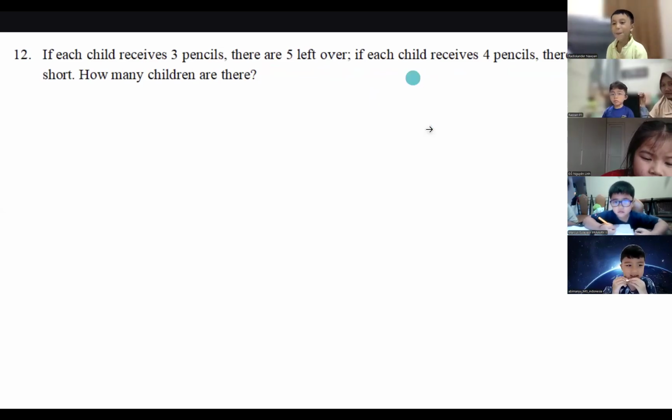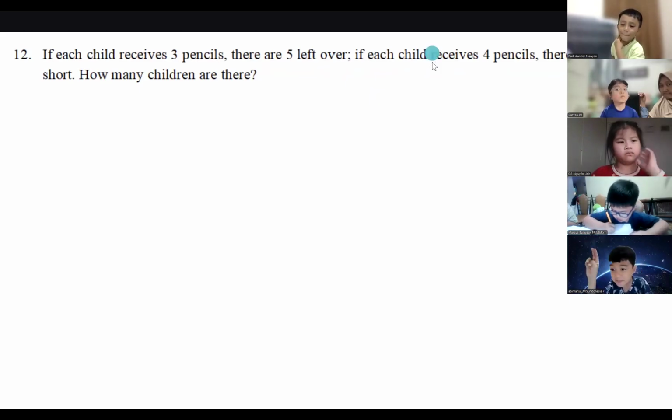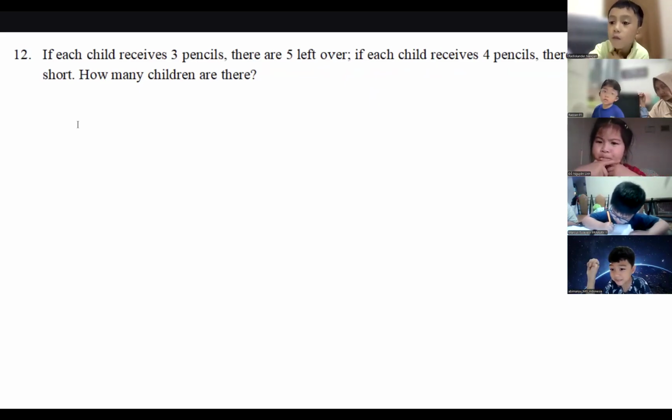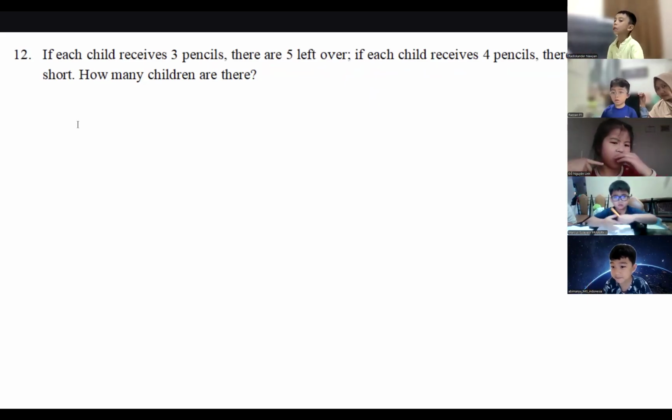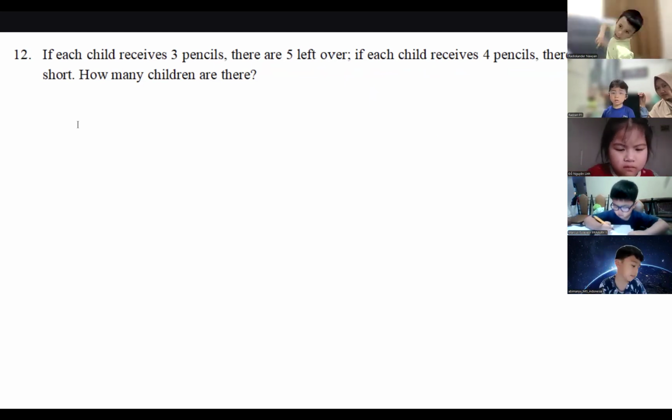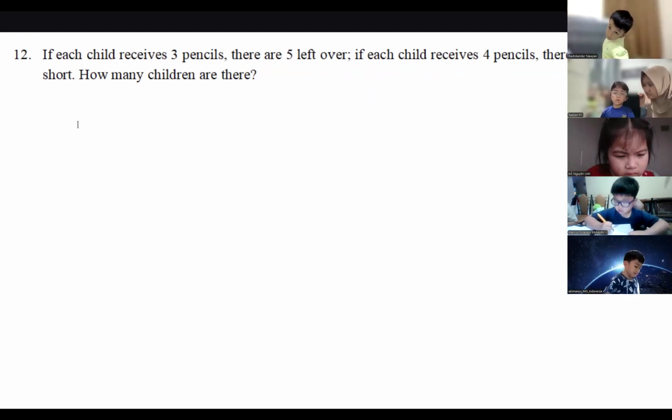So how do we solve this? First of all, you don't know how many children you have, right? You just know how many each child receives and how many is extra or lacking. Correct?